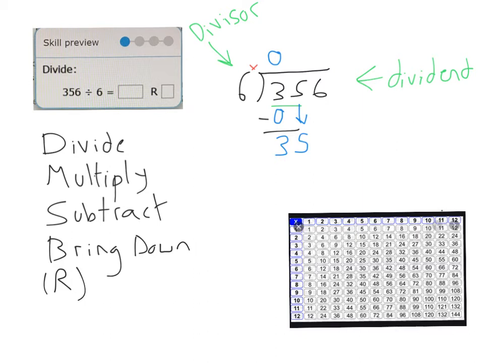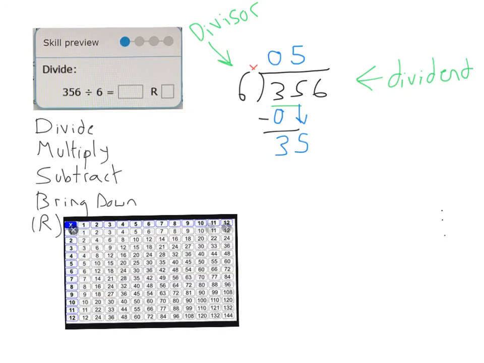My answer to a division question always goes on top. If you have no idea how many 6s you can take out of 35, and you don't want to draw 35 dots and circle groups of 6, that's when you refer to your multiplication table. We go down the 6s until we get close to 35 but not bigger. 36 is bigger, so we stop at 30. Go across, and our answer is 5.